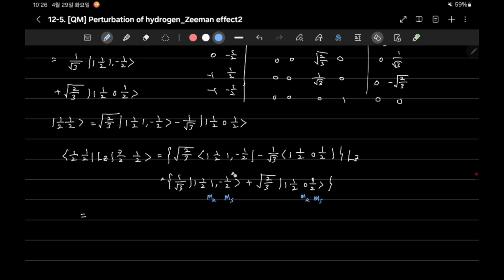Only this term survives, since the expectation between this term and that one is orthogonal, so it is 0, and the other multiplication is also 0. Only this one with this one equals 1, so only the multiplication of this one and this one survives. So it is square root of 2/3 times 1/2, like this.